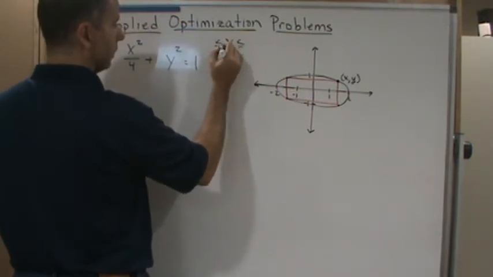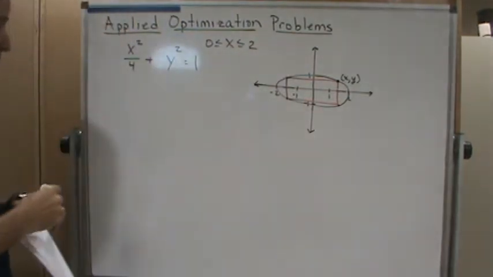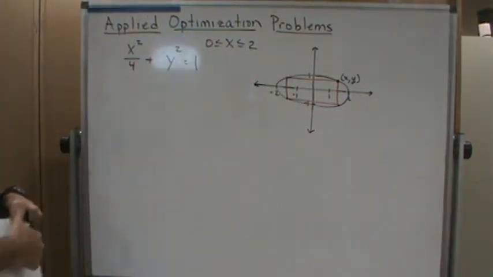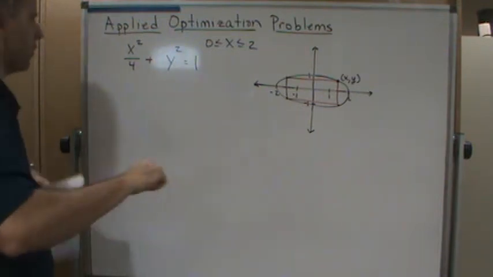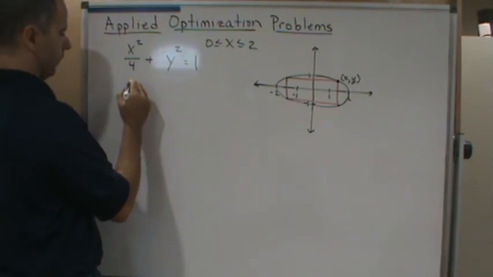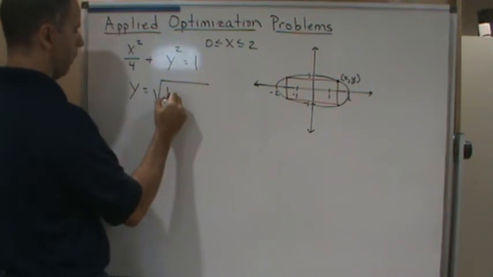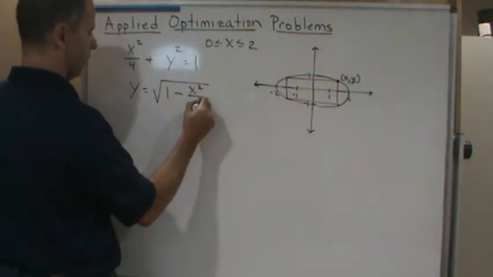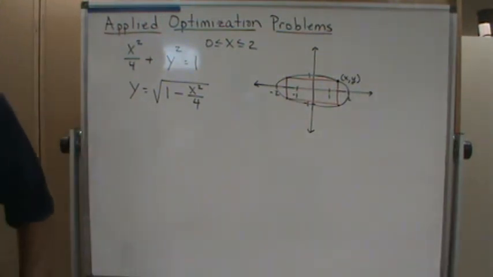And again, y is greater than 0. So now, if we solve this for y, we get y equals the square root of 1 minus x squared over 4. And so that's the equation that represents y.